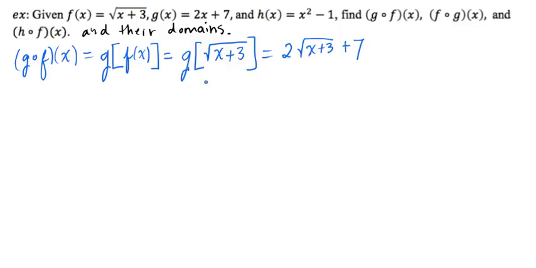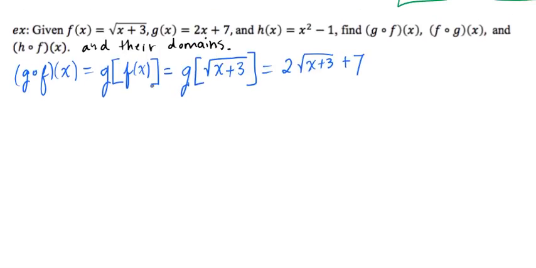Now the domain of this composed function can be no greater than the domain of f, because f was our input. The domain of this function f right here is that x plus 3 has to be greater than or equal to 0.